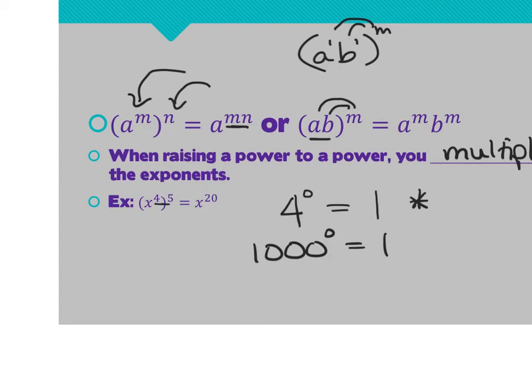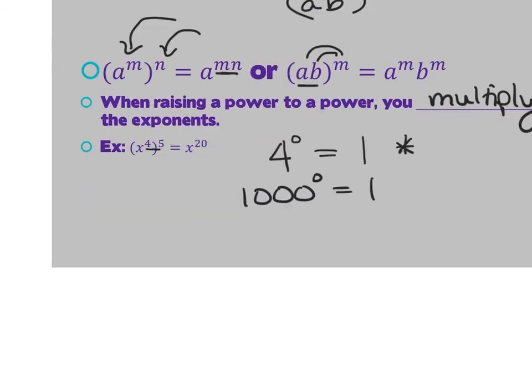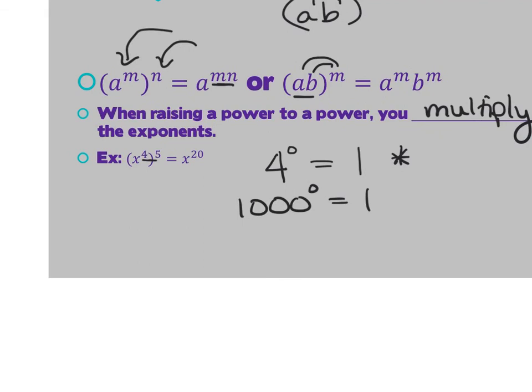Now, let's say I have a negative number raised to the 0 power. So let's say instead we have negative a to the 0 power. When it's in a parenthesis like this, this is equal to 1.